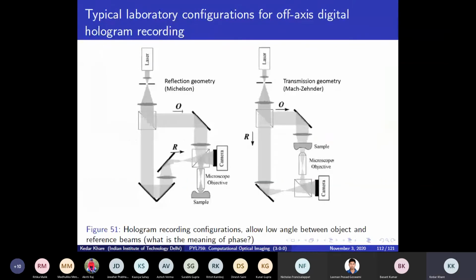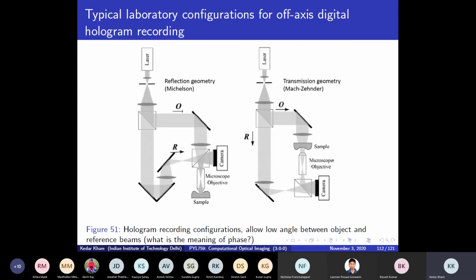So now let us ask this question: if you look at the Michelson reflection geometry versus transmission geometry, what is the difference? When you record the interference pattern, there is going to be some phase modulation on the fringes, which means the fringes are going to be bending.